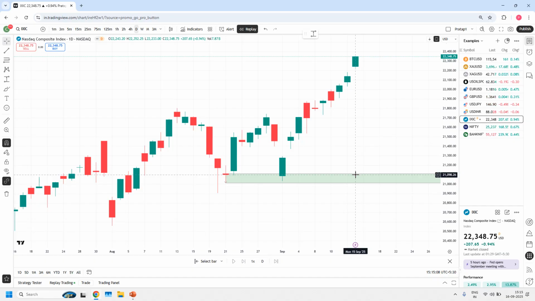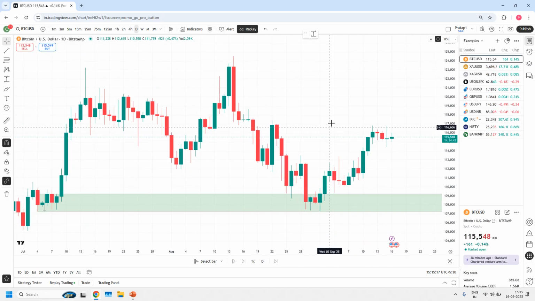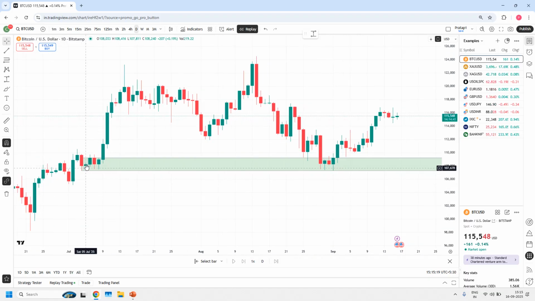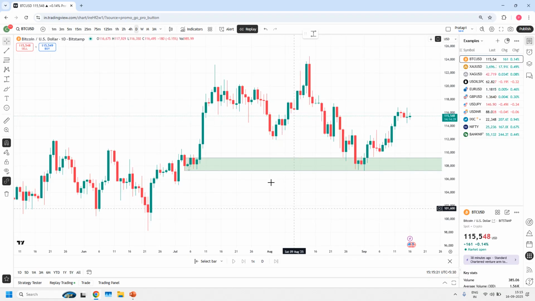Hope you got clarity. So everything is covered in this Nasdaq, but we will see other charts also. This is Bitcoin. Yesterday we drew this zone. Does this zone have zone achievement? Yes. See here, we have a rally base drop. This zone violated this zone here.